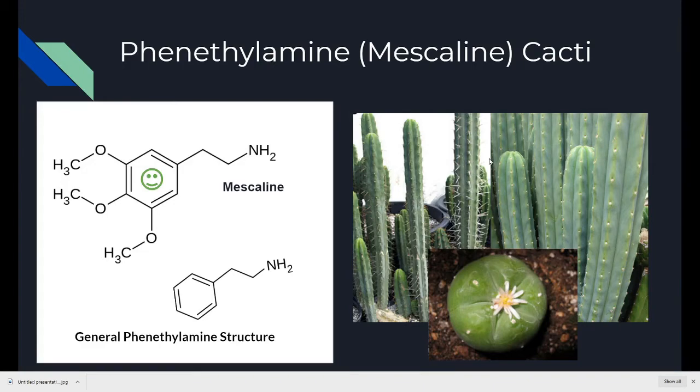So now we can move on to my favorite category, which are the phenylethylamines. These are our mescaline containing cacti, whether they're peyote, San Pedro, Peruvian torch, Bolivian four-way torch cactus. These are really special to me because they're a little different from the other psychedelics. They do have a little bit of a different structure. They're based on a phenethylamine.